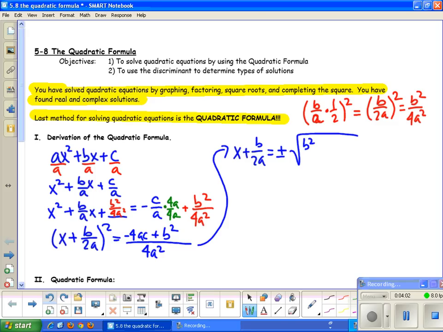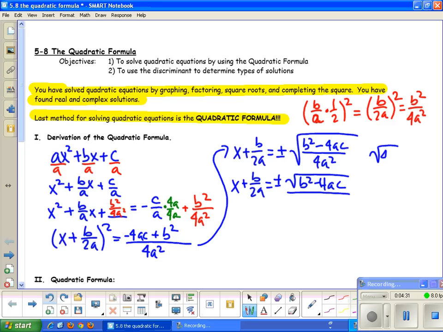So this would be b squared minus 4ac, all over 4a squared. Remember, we don't like to have fractions underneath a radical, so in order to get rid of that, I'm going to do a root on the top and root on the bottom. So I get x plus b over 2a equals plus or minus the square root of b squared minus 4ac all over the square root of 4a squared.